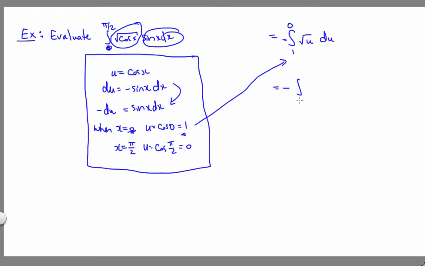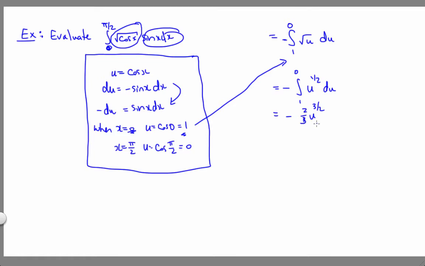Let's be clear that 1 is the lower limit, 0 is the upper limit here. So there we go. Let's rewrite that root u as u to the 1/2, and then that'll make our integration go a little bit more smoothly here. So I'll keep the negative out in front. Integrating the u to the 1/2, we're going to get u to the 3/2 times 2/3.